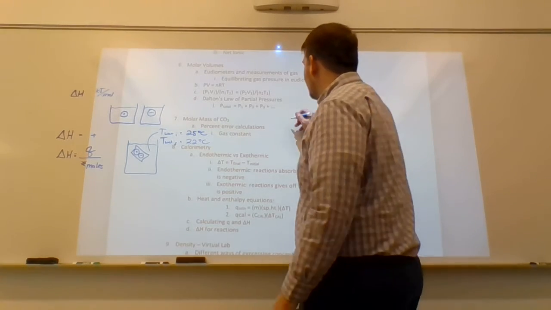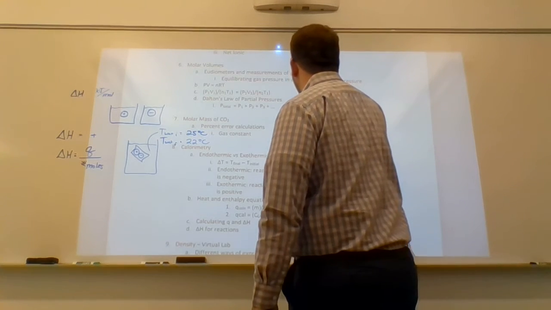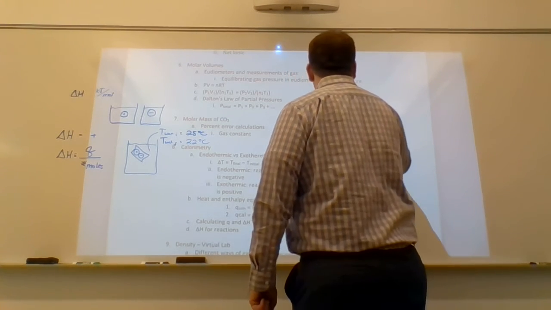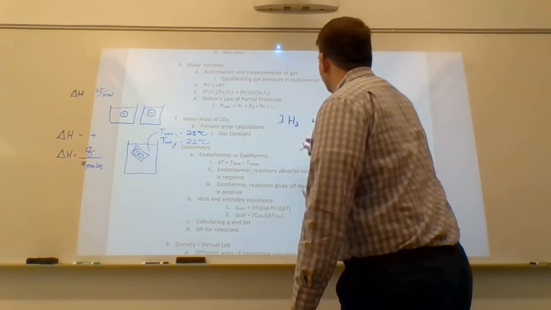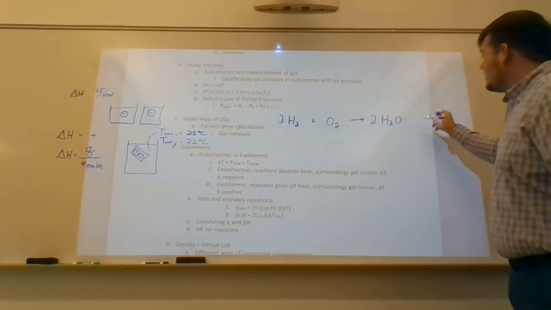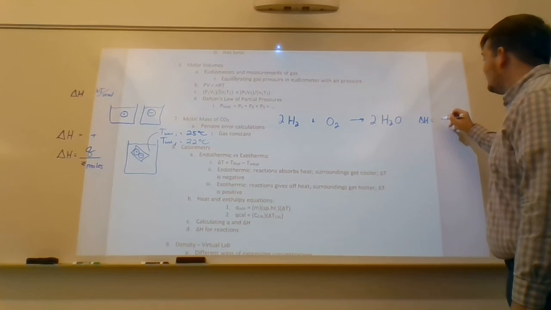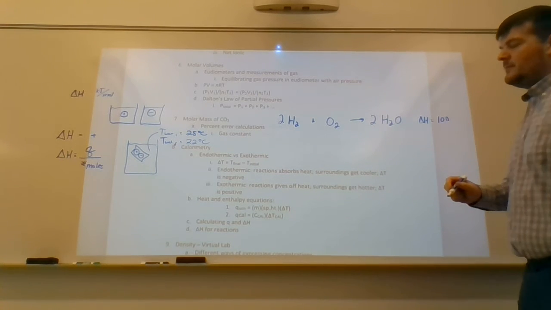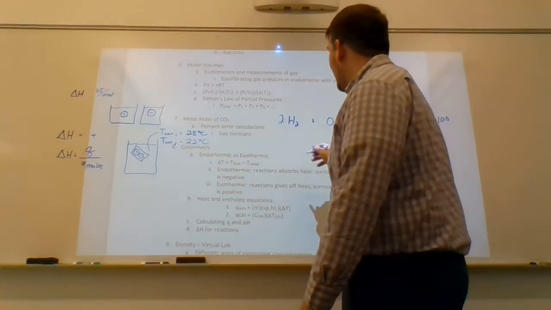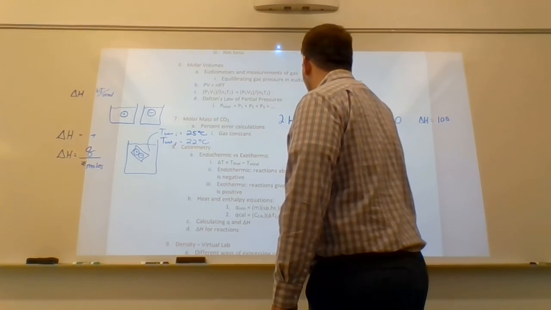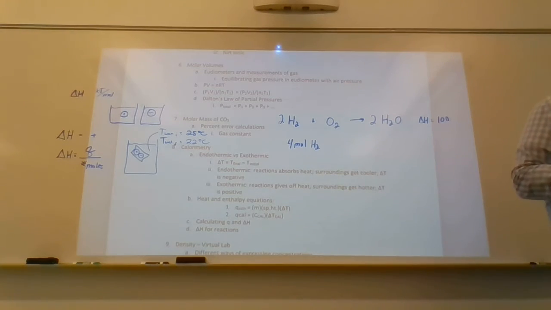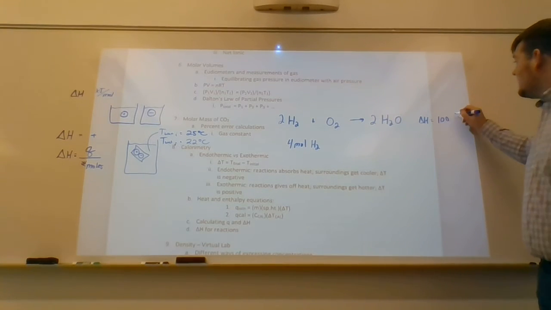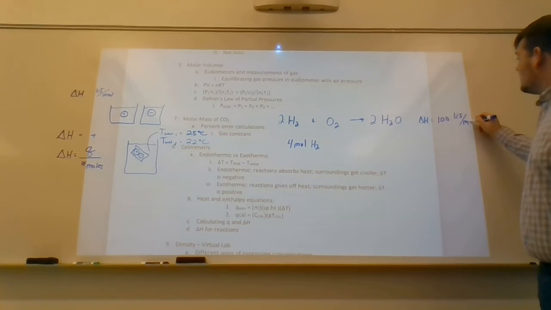Let's say that this reaction, I'm going to make up some numbers here, has an enthalpy value of 100. We'll make it easy on myself. Let's say that we had 4 moles of H2, and I wanted to know how much heat would be released from that 4 moles of H2.